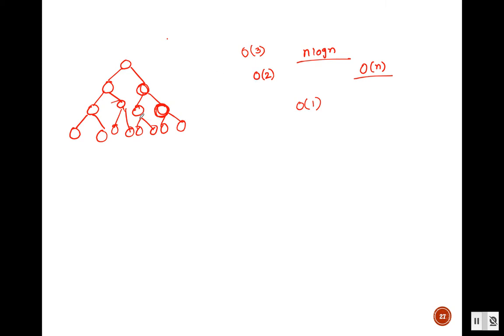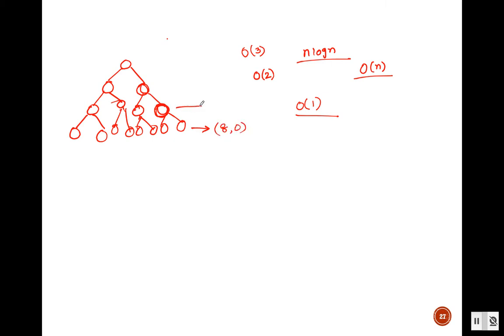Now let's see what the maximum number of operations we are going to do is. We are going to consider the worst case runtime. In this level we have 8 nodes, so for this particular tree we have 8 nodes with height 0.